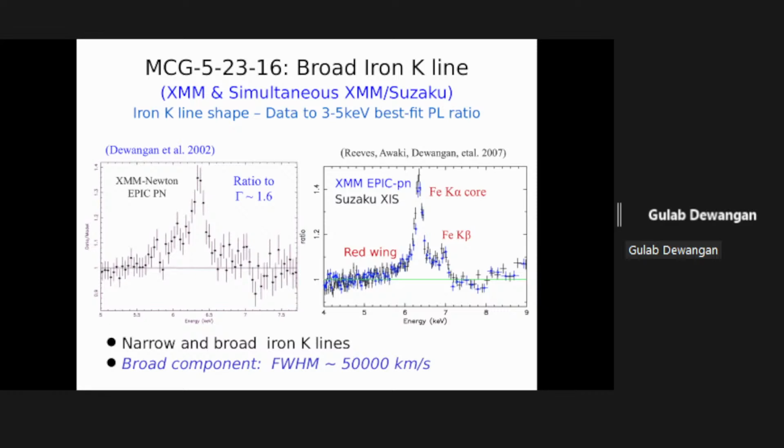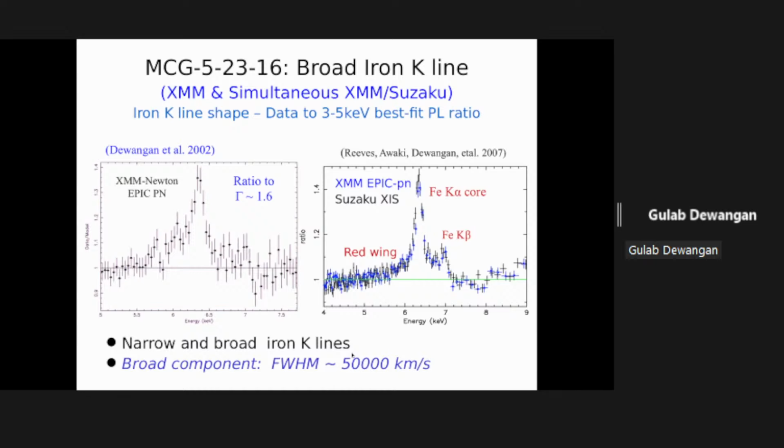Now here we are observing a line width of 50,000 kilometers per second. So this means that the material giving rise to this iron K alpha line is moving at much faster speeds compared to the material giving rise to the optical and ultraviolet lines.